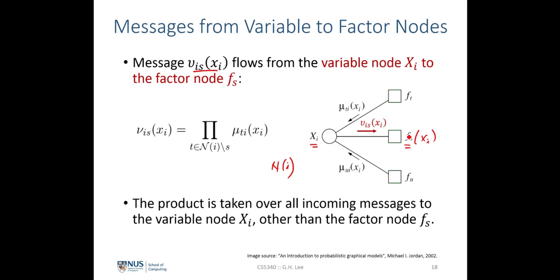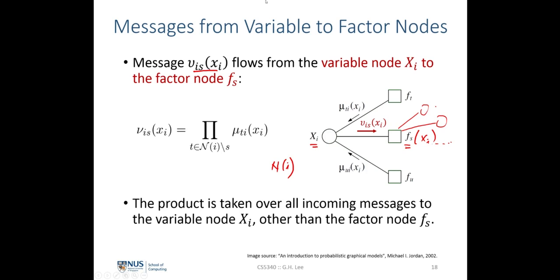Since it is directly connected to the random variable xi, it could also consist of other random variables if it is connected to other random variables. So this fs could also be a function of other random variables. But what's important here, looking locally, is that the random variable xi must be contained in the factor fs.